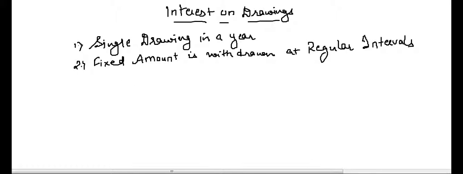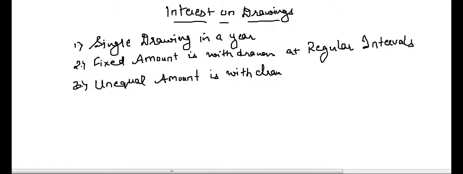Clear? Now we are taking up the third one. It says unequal amount is withdrawn at different dates.